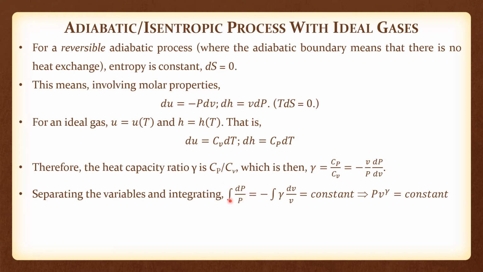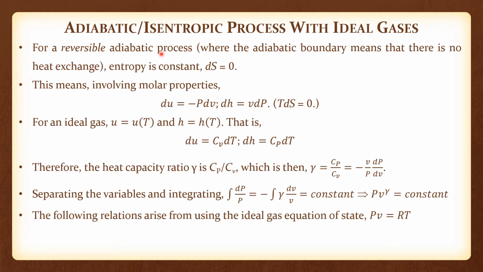Now we have on the one side only functions of pressure, on the other side only a function of volume, and so you integrate this and this should become a constant. So this basically gives the expression PV to the power gamma is constant, and this is the PV path, the pressure-volume expansion or compression path the system, an ideal gas, will take when undergoing an adiabatic process.